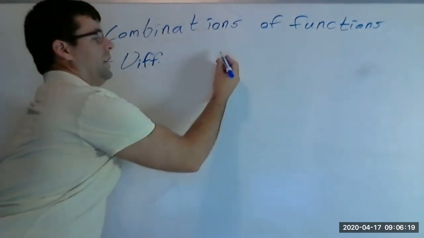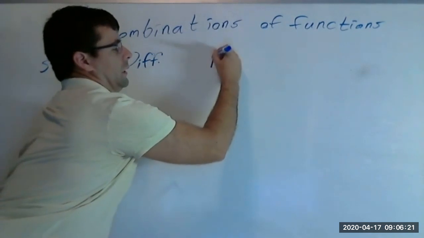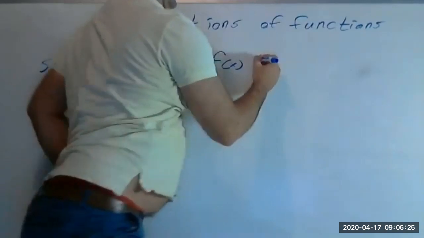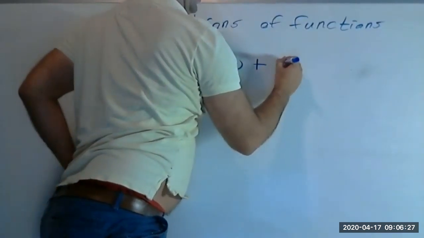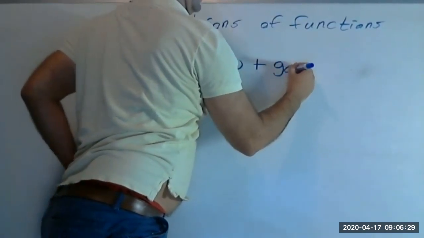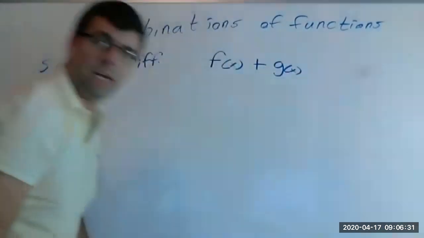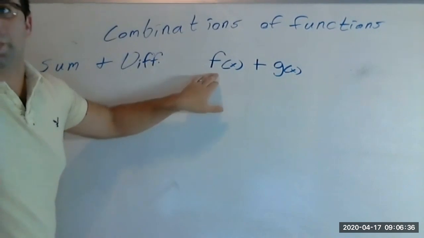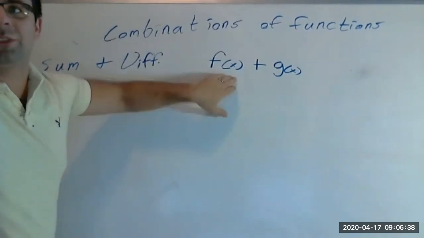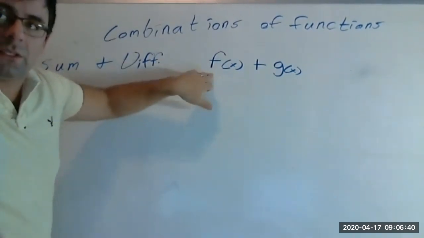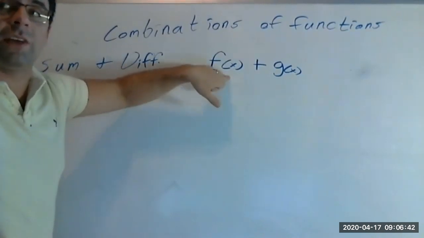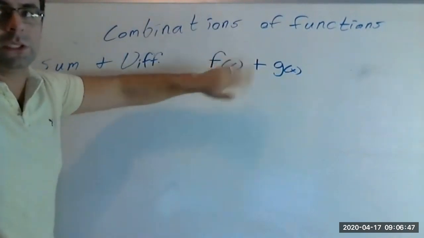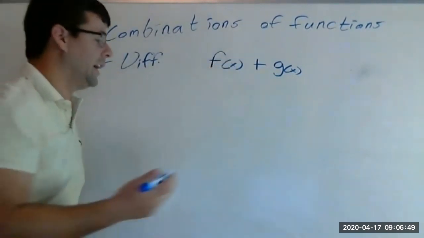So if you take two functions, f of x, and add it to a different function, g of x, remember, when written like this, it is not f times x. This is f is a function of x, meaning f is a bunch of stuff hidden in the background that depends on x.